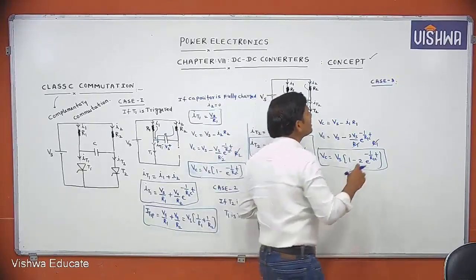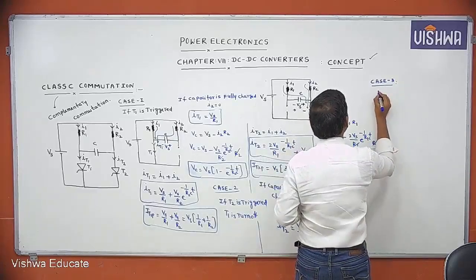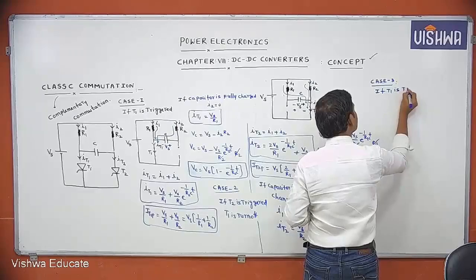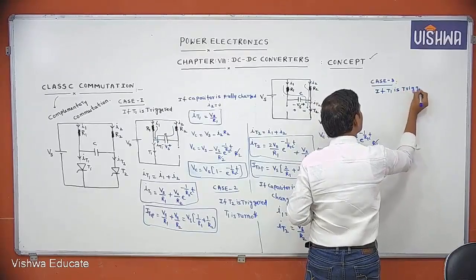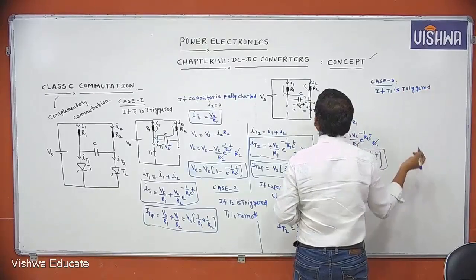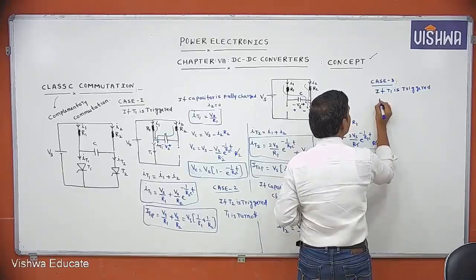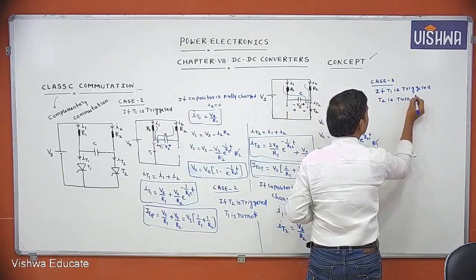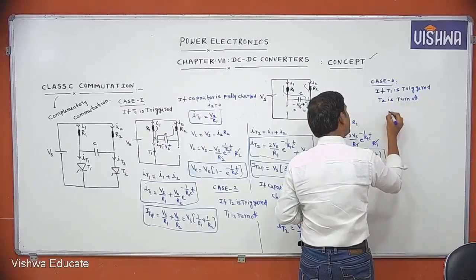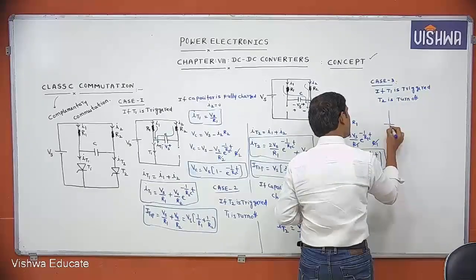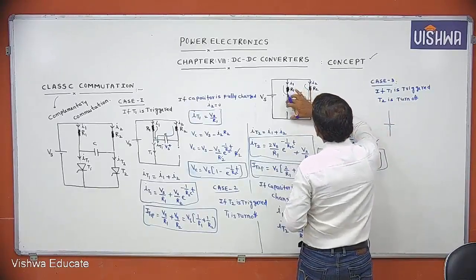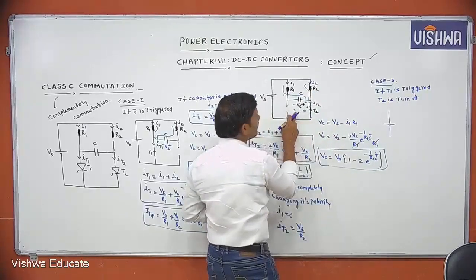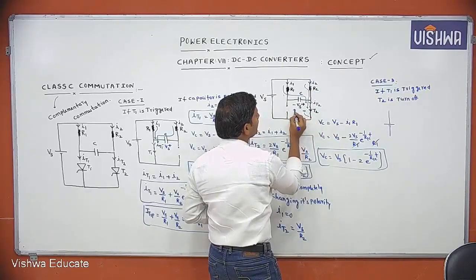Now, if T1 is triggered, then T2 is turned off. What is the equivalent? Whenever T1 is triggered, this positive is connected here and this negative is connected here.